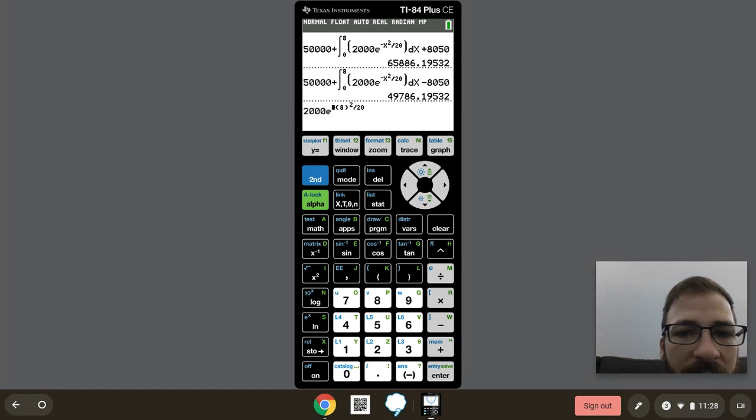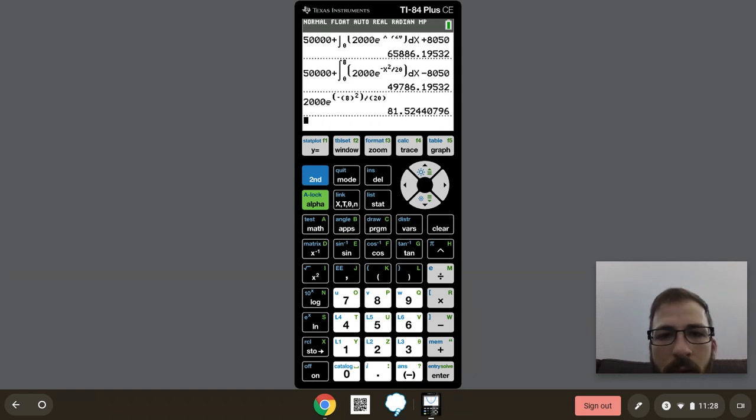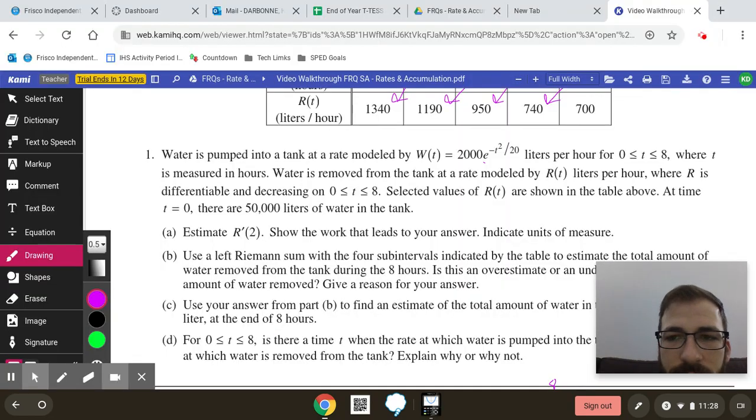And we'll be a little extra cautious and add some parentheses here. All right, so we get 81.524.